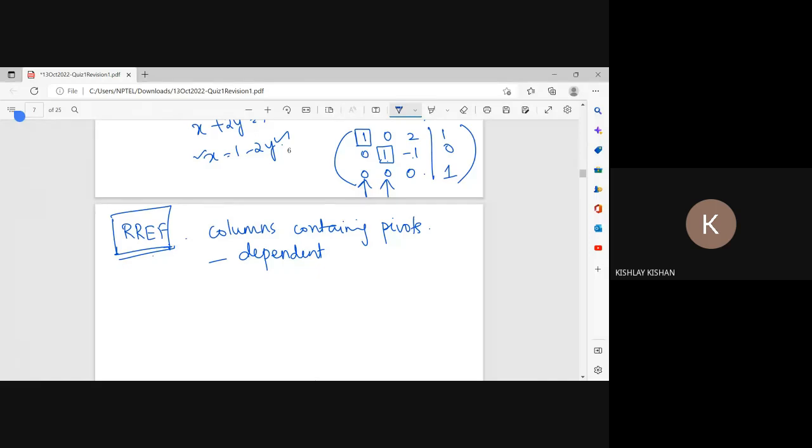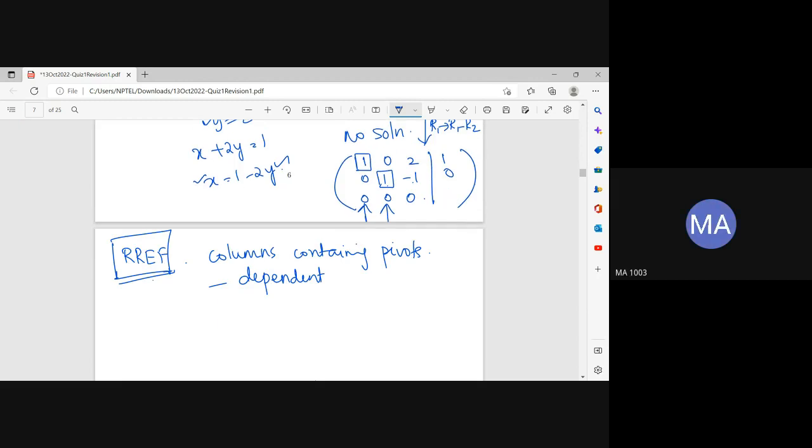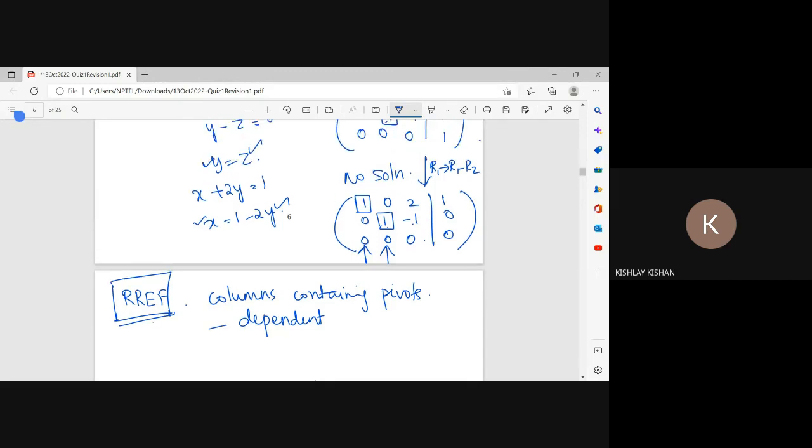One small question. If the last entry in the augmented part is 0, then this system has a unique solution? Will the system have a solution first of all? It will have a solution, ma'am.